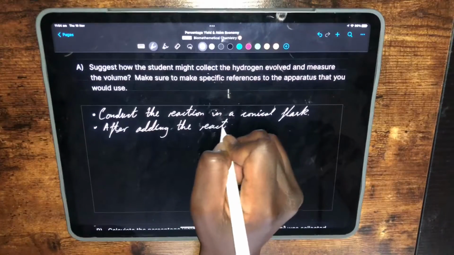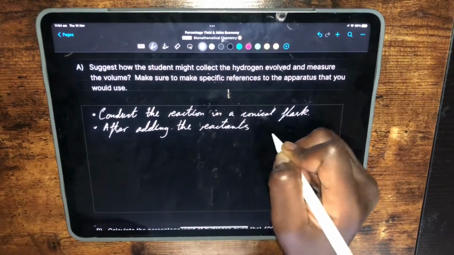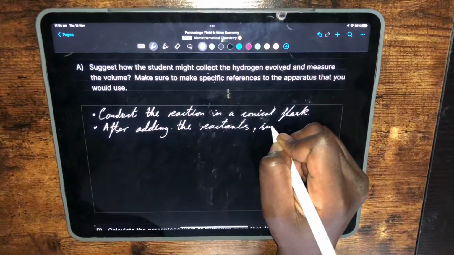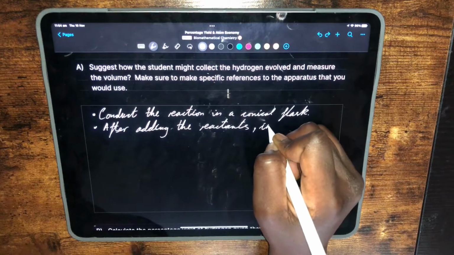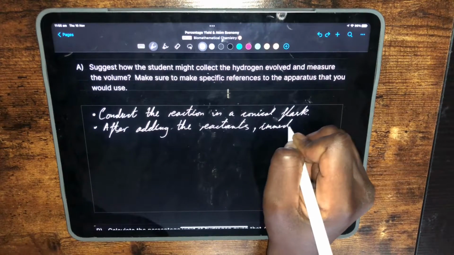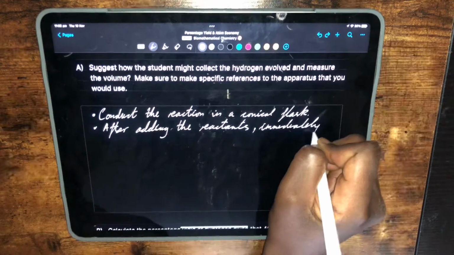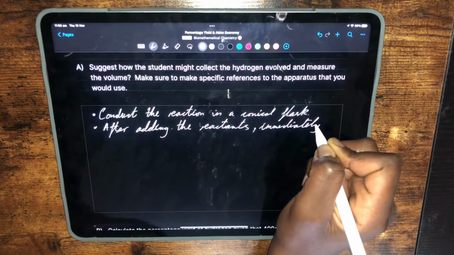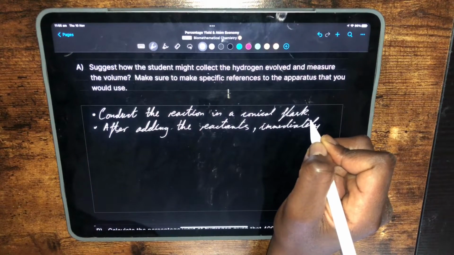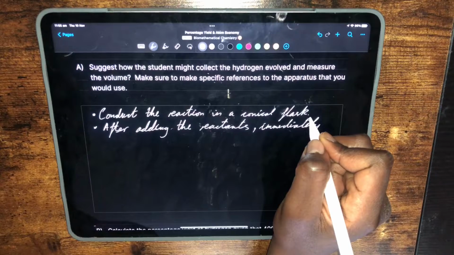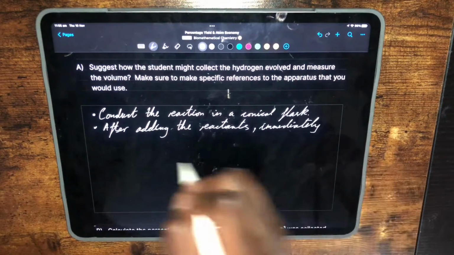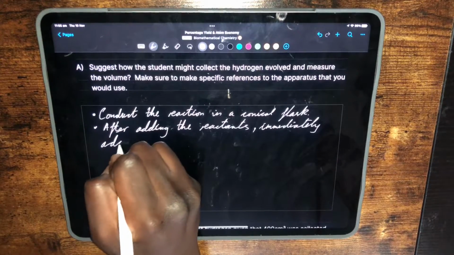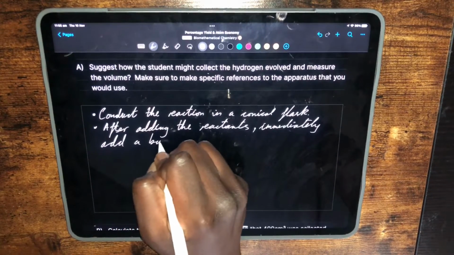I should say immediately add a bung to the top of the flask.